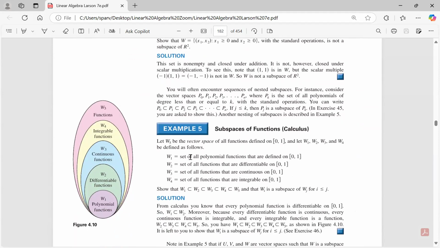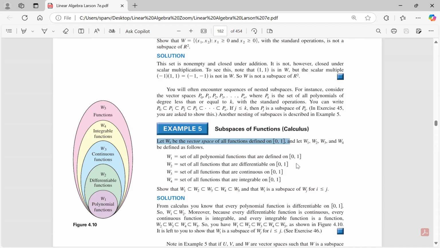Now, here's something interesting. For instance, Example 5 looks at subspaces of functions in calculus. Notice that W5 here is the vector space of all functions on [0, 1]. So this is really V. In our theorems, we have capital V. That's your capital V. This is the parent that holds all functions defined on 0 to 1.